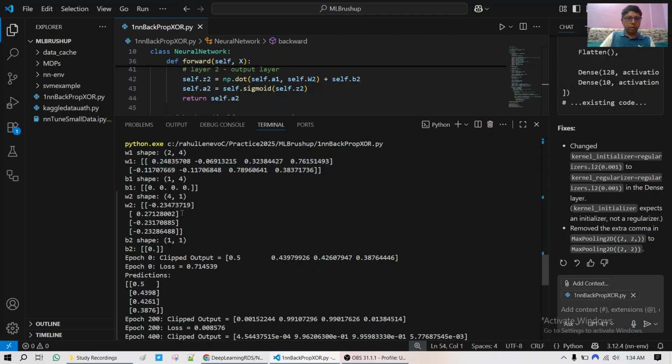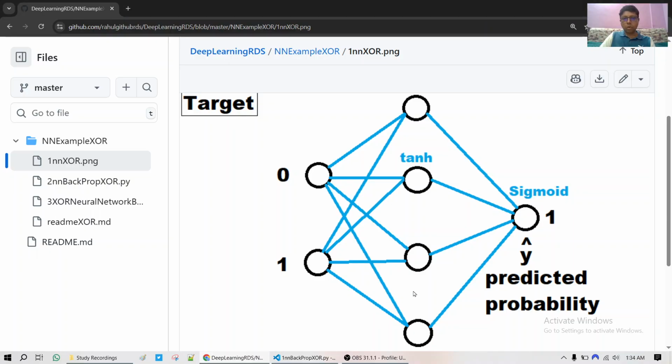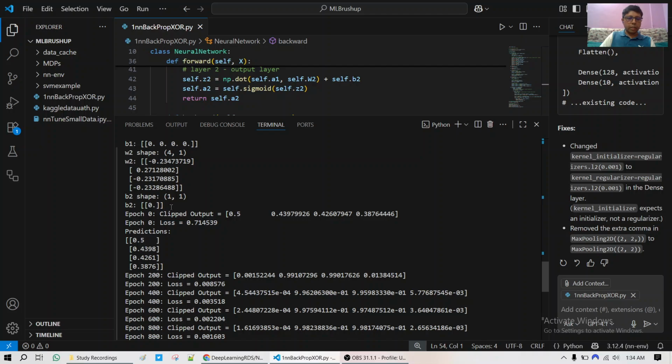And then we have 4 values here. These are the weights for the output layer: 1, 2, 3, 4, right? So this is the shape of the bias and the values of the bias.